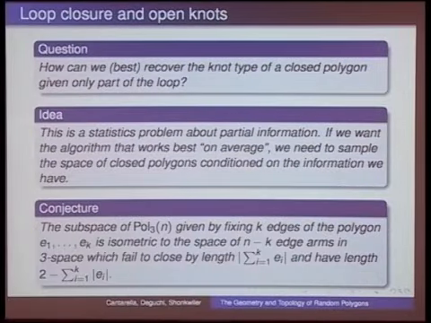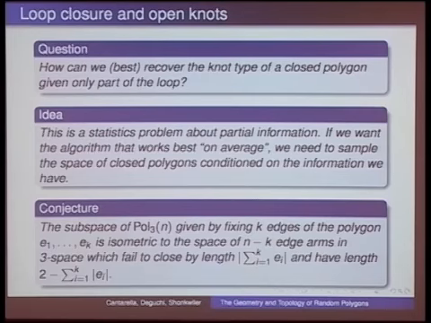I claim morally that an algorithm for determining the knot type of an open curve should be good at recovering the knot type of part of a closed curve. If I take a closed curve, which really is a knot with a real knot type, and I delete part of it and hand you that much information, whatever your definition of open knotting is, it should be good at recovering the knot type of the original thing.